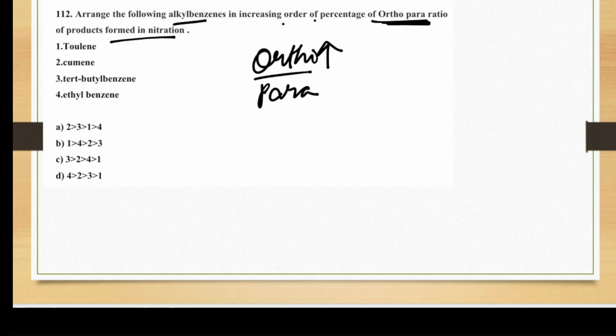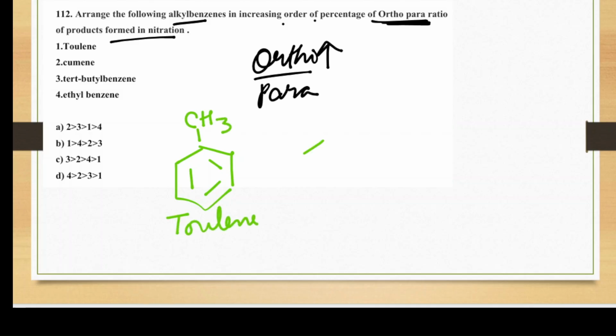The names of the given molecules have been given to us. Firstly, we should be able to draw their structures. Toluene is the first one: the benzene ring with a methyl group attached. Next is cumene, which is isopropyl benzene, with 1, 2 and 3 carbon atoms.